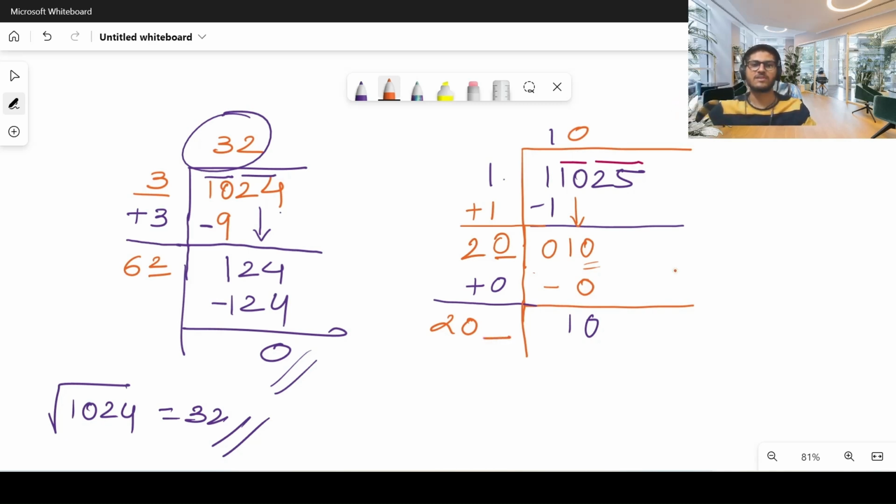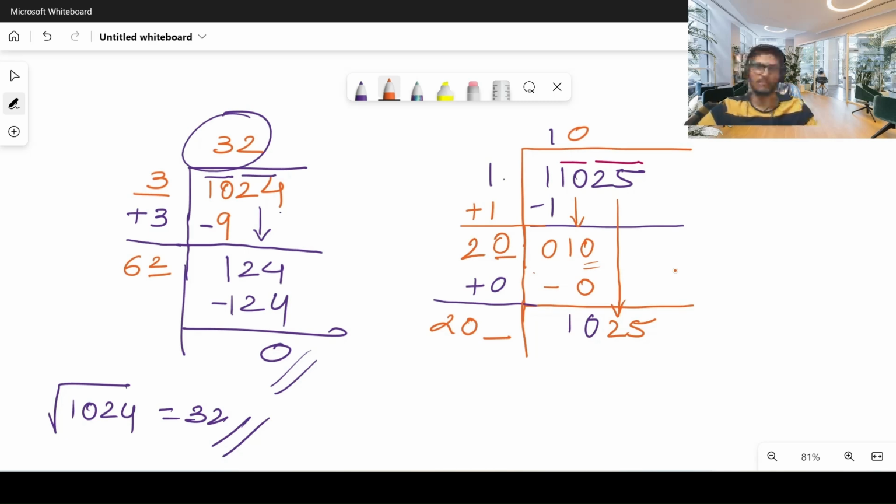So again, we have to find the ones place digit, and now 25 will come down, and the number becomes 1025. Whatever logic I applied for 1024, the same logic you can apply for 1025.